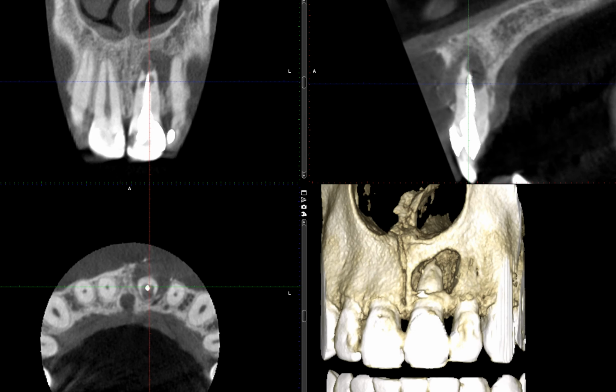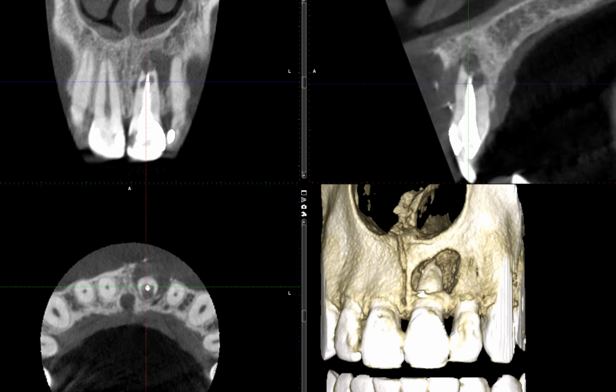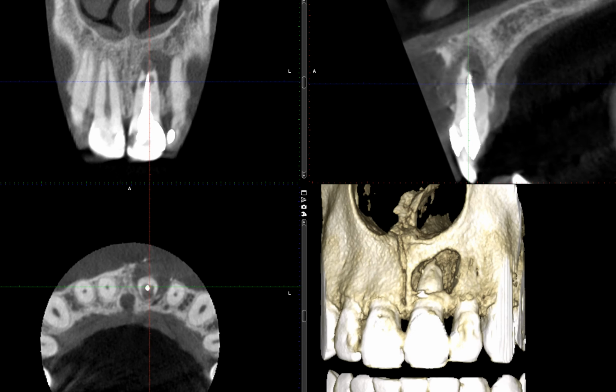Although I have seen these inflammatory changes causing the expansion and perforation of the buccal cortex, given its size, I think we still cannot 100% rule out the possibility of this being some other type of lesion that may cause this mass effect like appearance.